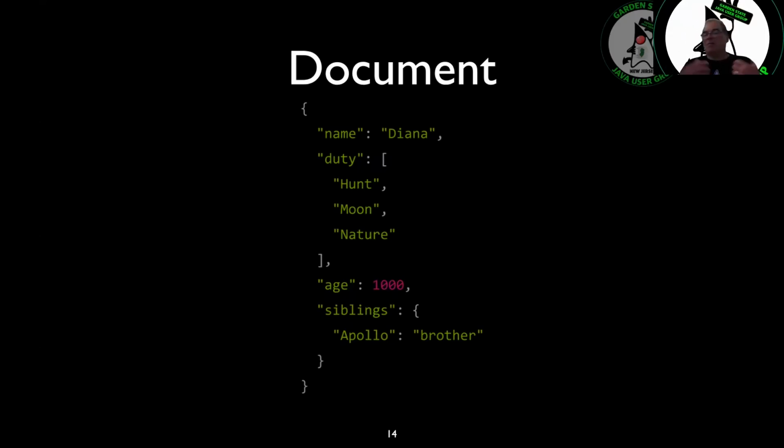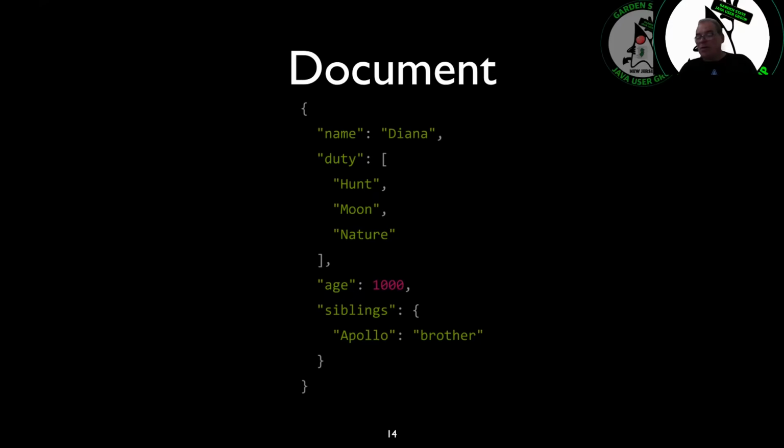For example, where it says name: Diana, they're both in quotes, but the key itself doesn't necessarily have to be in quotes, so getting everything lined up can be very tedious. I've tried doing a sort of inner join, which is possible to do. It doesn't come out exactly the same as a relational database, but it can be done. But again, it just gets a little bit more complex.